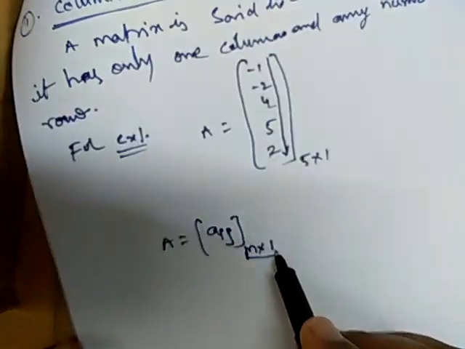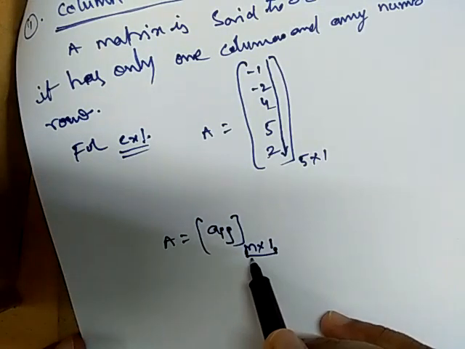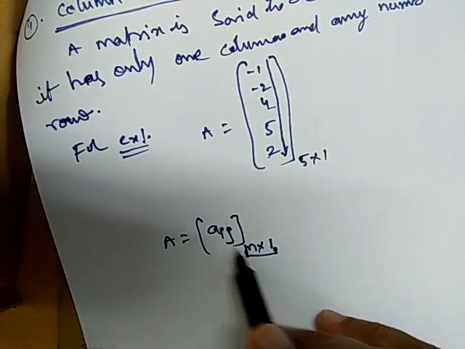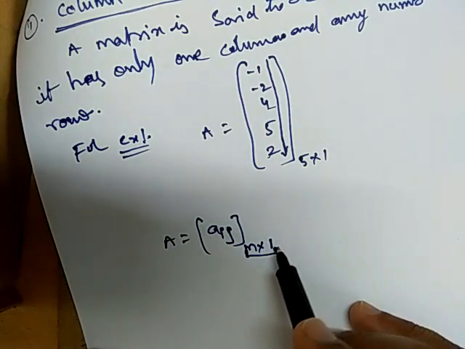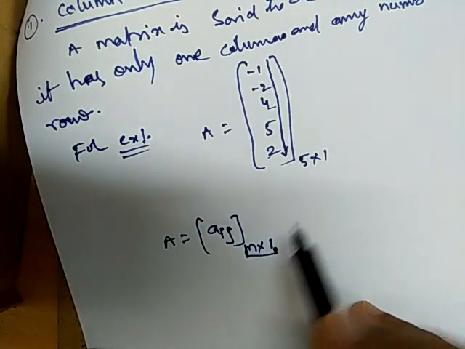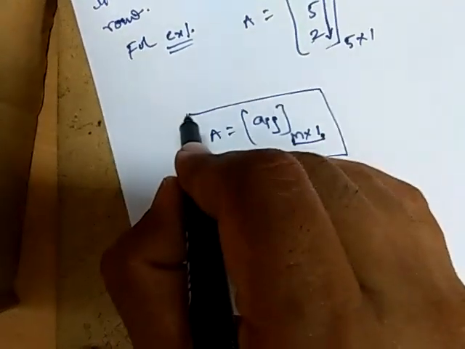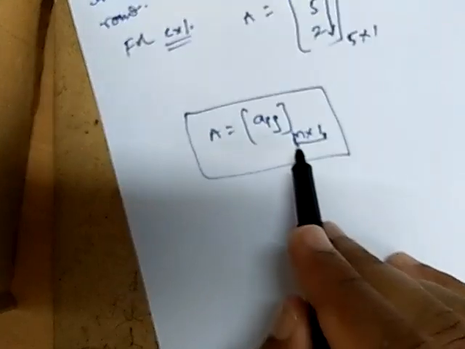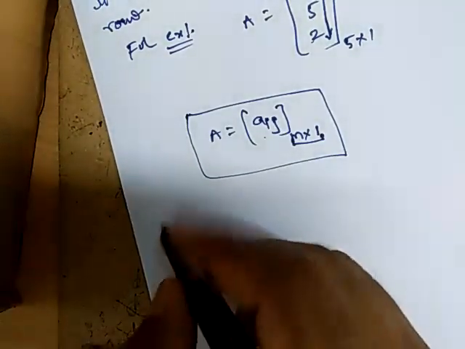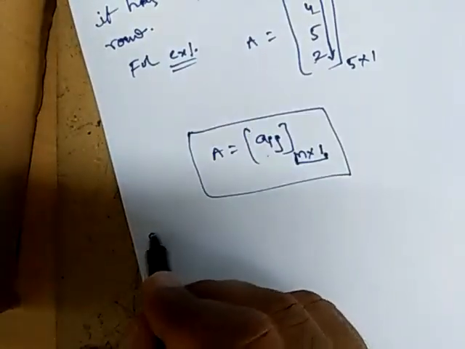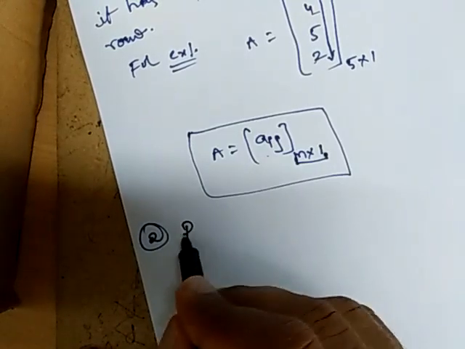If we have more than one row, that is also a column matrix, but we should have only one column. This is the general form of column matrix: A ij, m into 1.